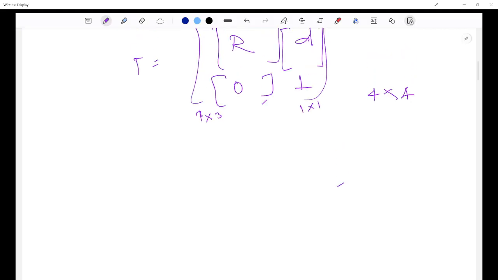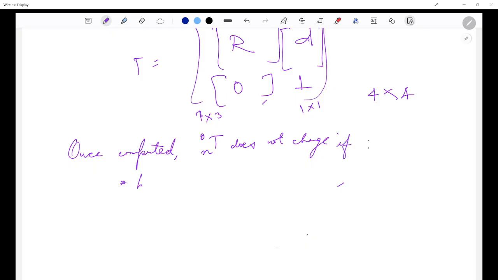An important practical advantage that we have in this direct kinematics problem is that once it is computed, the nth joint position or end effector position with respect to the base does not change if the base location changes.